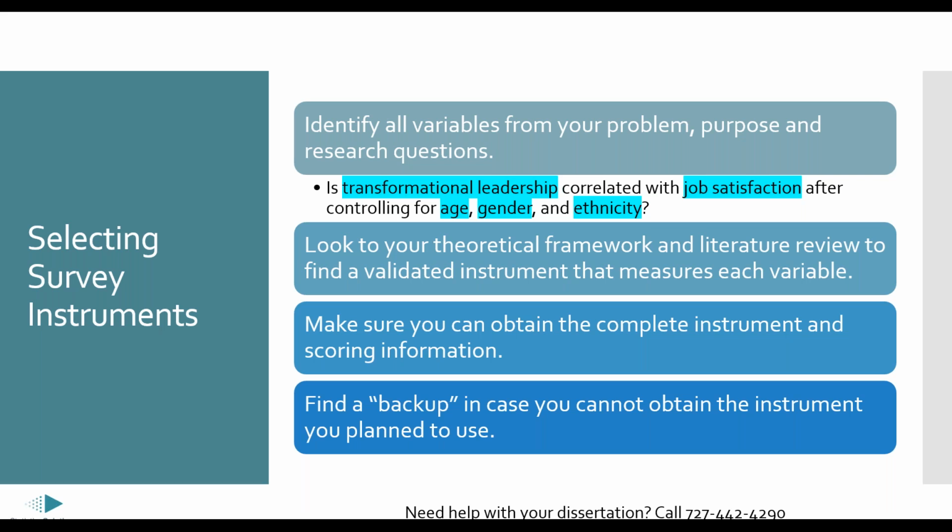And oftentimes, if your variables come from a specific theoretical framework, that specific theory might have a very specific instrument associated with it that measures the central variables. So that's often the best place to look to find the most appropriate instrument for your study.